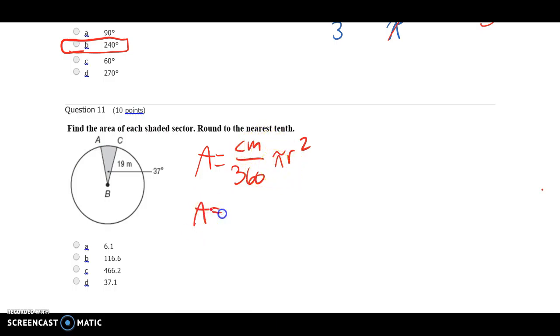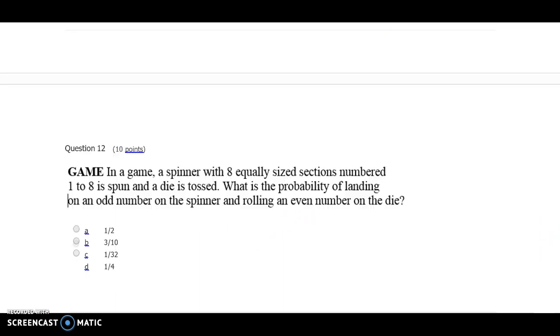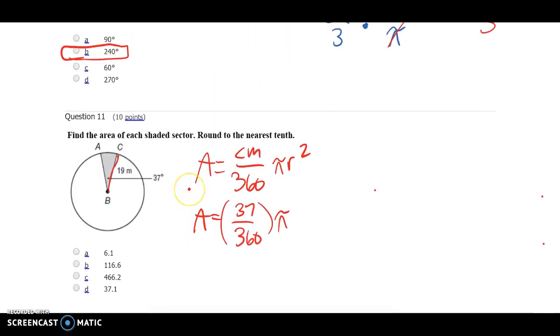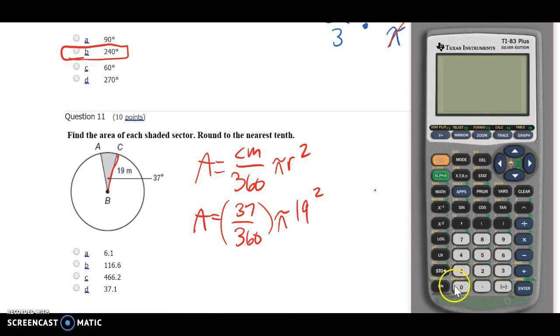So then for that, it's just area equals, again, the measure of the angle is just this central angle. It's 37 over 360 times the area of the whole circle, pi, and our radius is right here. It's 19. Times 19 squared. So we just put it in our calculator. I'll put it all in there in one line, to make sure you don't make any mistakes.